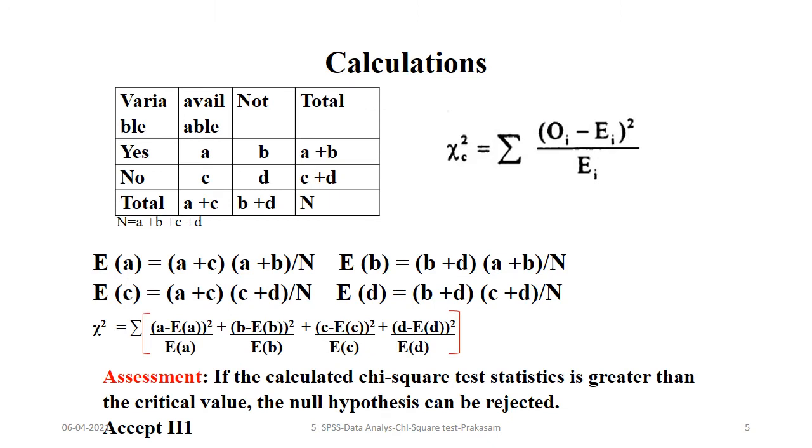Here A, B, C, D are the cell frequencies, and A plus B is the first row total, C plus D is the second row total.